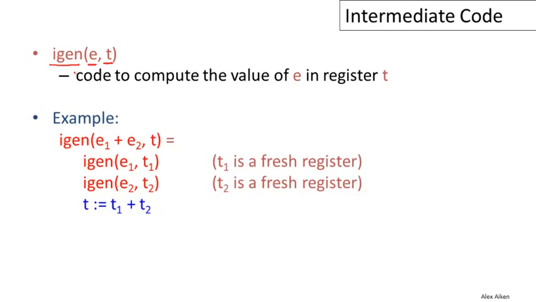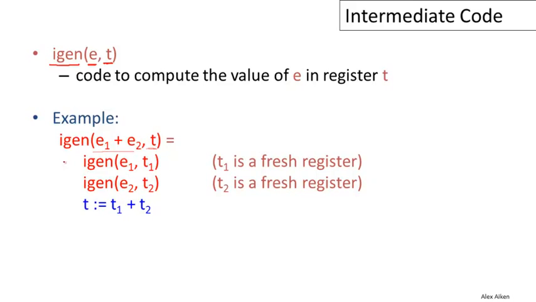And to give you just one example, and this is the only example that I'll do, let's take a look at generating intermediate code for a plus expression. So I want to generate code for E1 plus E2, and I want the result of that to be stored in the register T. The first thing I'm going to do is generate code for the sub-expressions, and I need some place to store their results, so I'm just going to make up new register names.